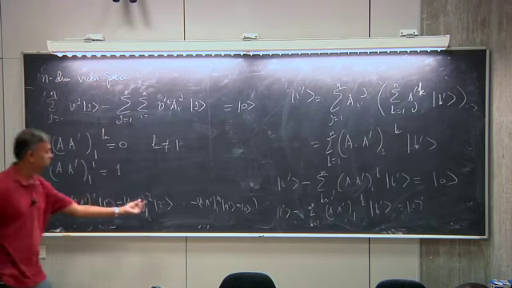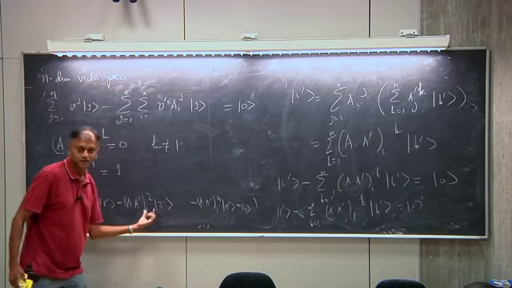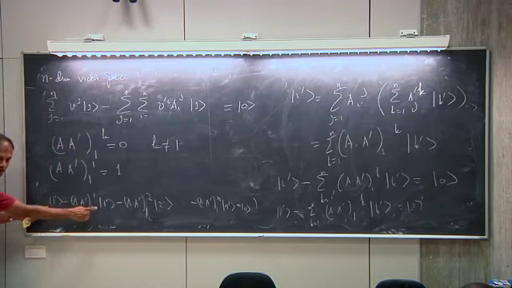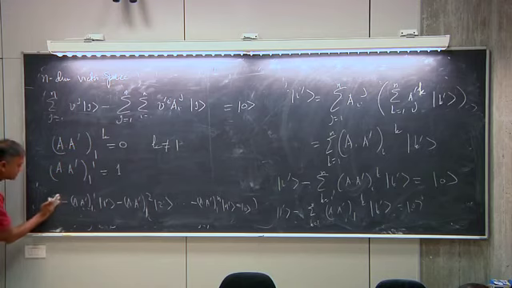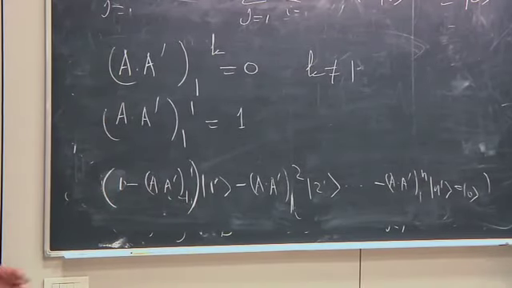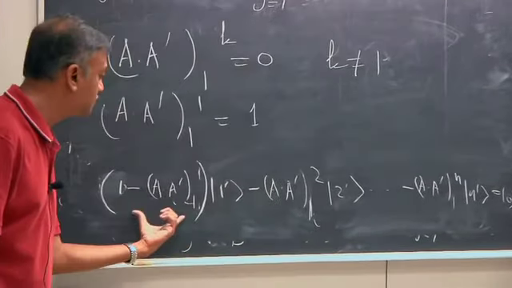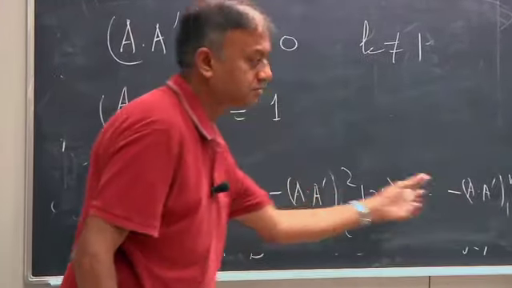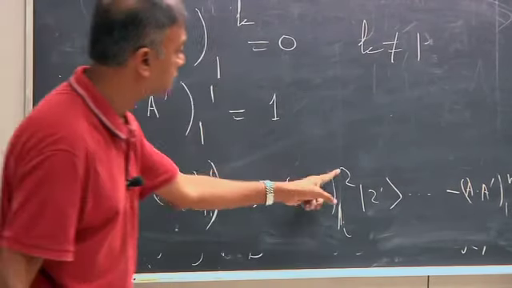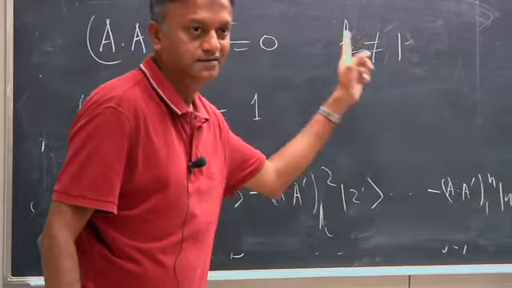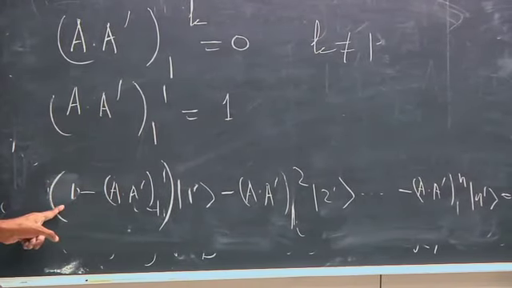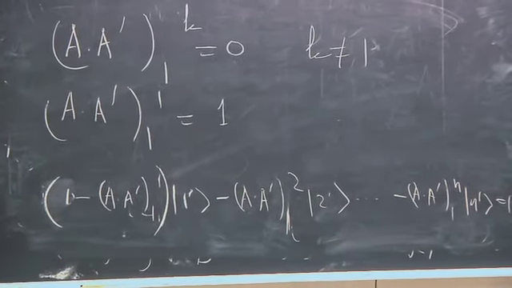That means the coefficient of each of these must be 0. Because 1 prime is a common factor, that's the same as 1 minus that. So each of these coefficients must be 0. That's what I did here. A prime 1k for k equal to 2, 3, all the way up to n is 0, whereas A times A prime 1, 1 must be equal to 1 to make this coefficient 0.